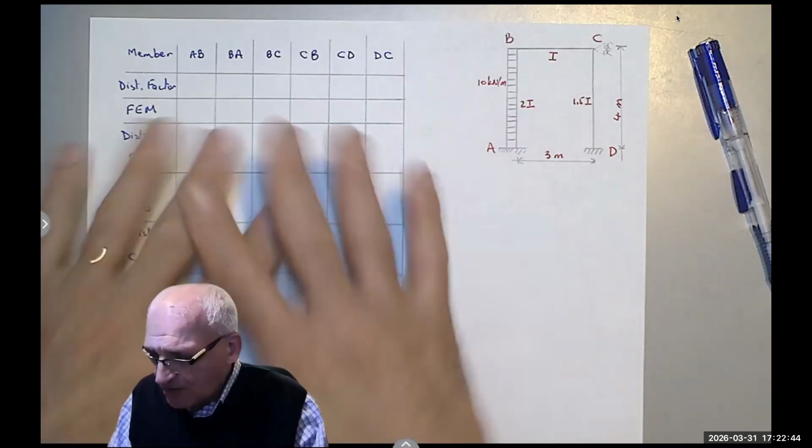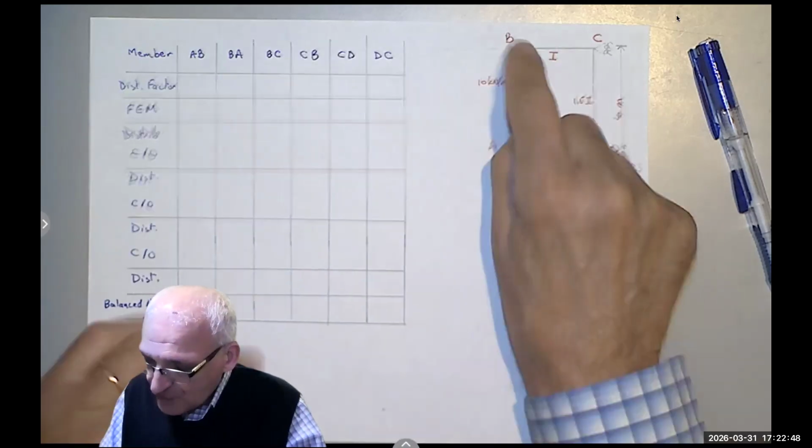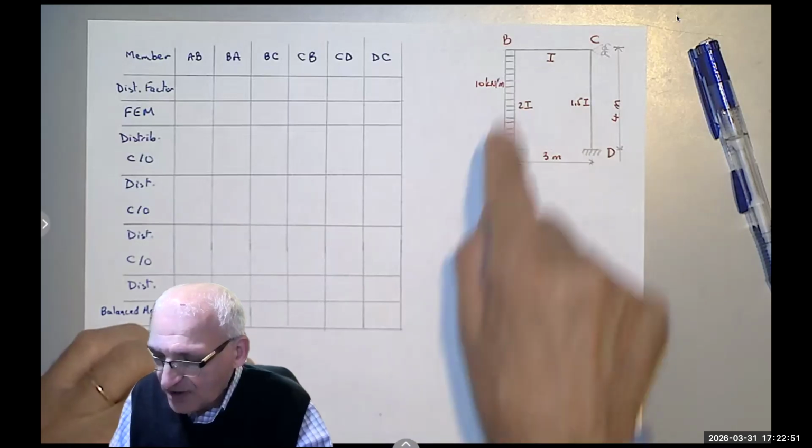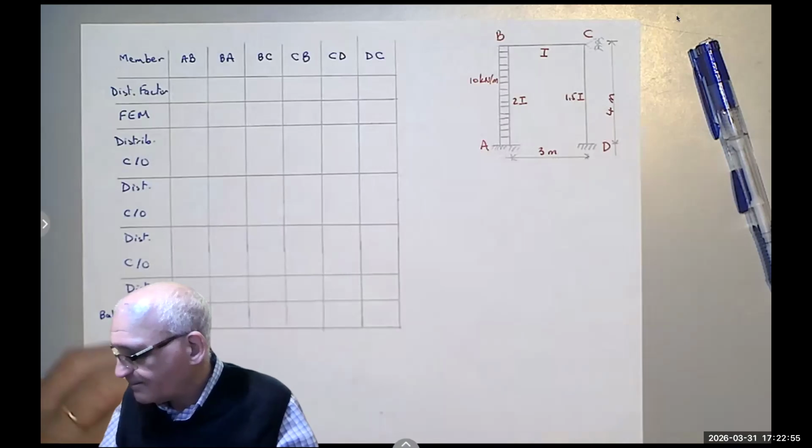So as we do, we are going to solve the first part. First of all, for joint B, I'm going to calculate the relative stiffness of AB to BC.